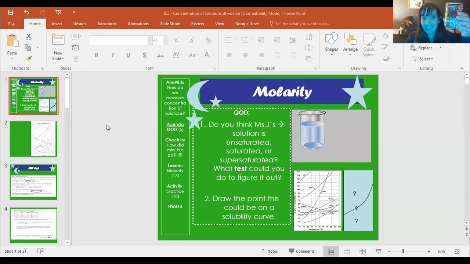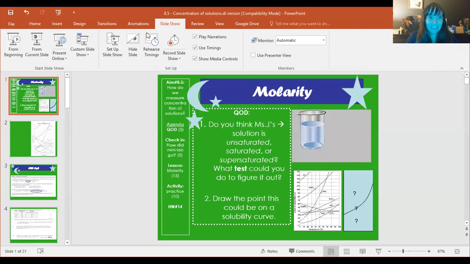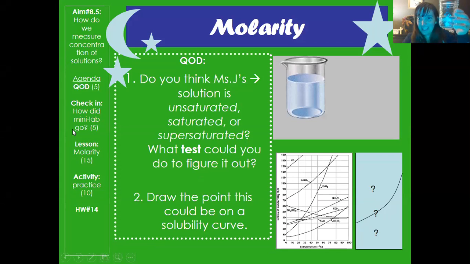I've got a glass. You're going to guess, is this solution here unsaturated, saturated, or supersaturated? We'll see if you can tell by looking at it. What test could you do to try to figure it out?